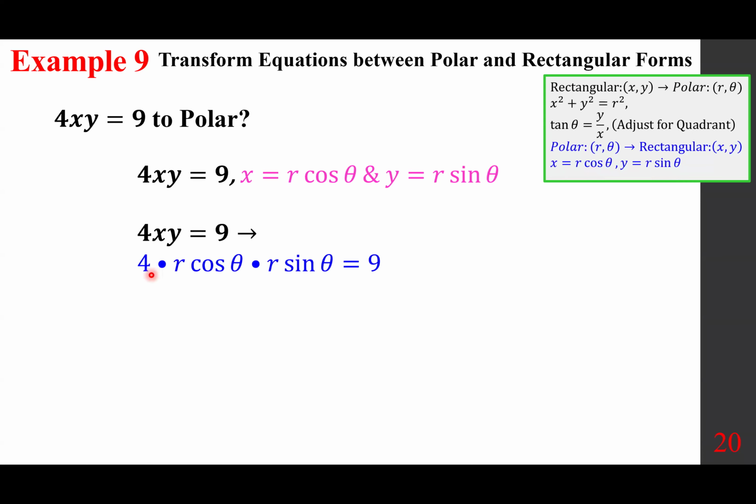So we get 4 times r cosine theta times r sine theta equals 9.